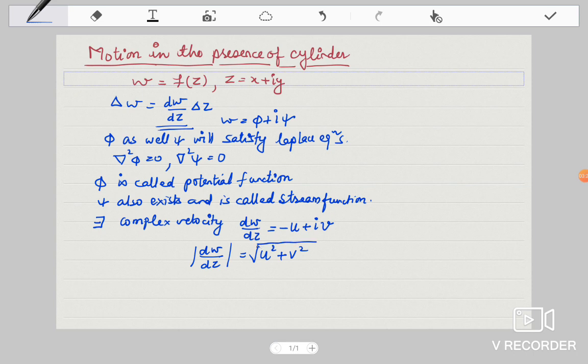When I started the complex variable technique, I told you everything about how by using this w we can solve our flow problems.